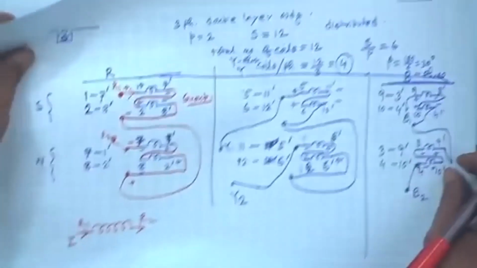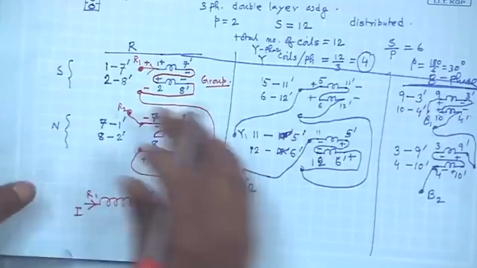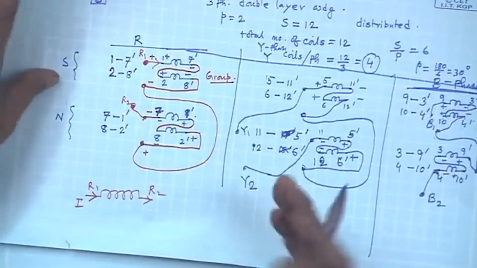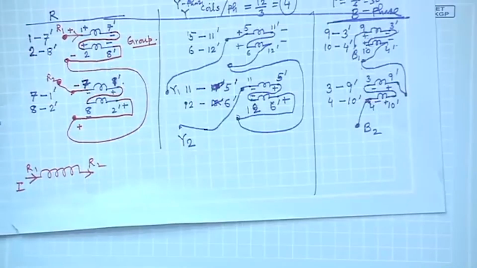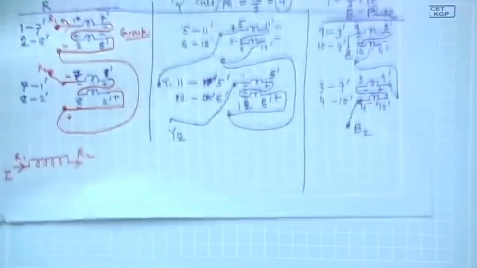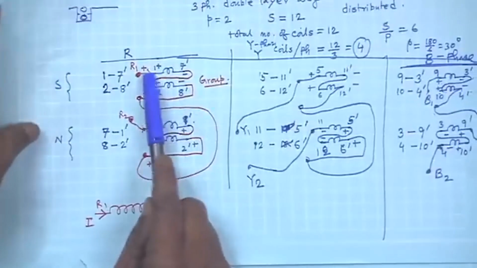Now, I told you to complete this: for this winding, in terms of a phasor diagram, how will it look and how do we calculate the distribution factor, because the coils are distributed. Let us see. Listen carefully, this is the winding table.